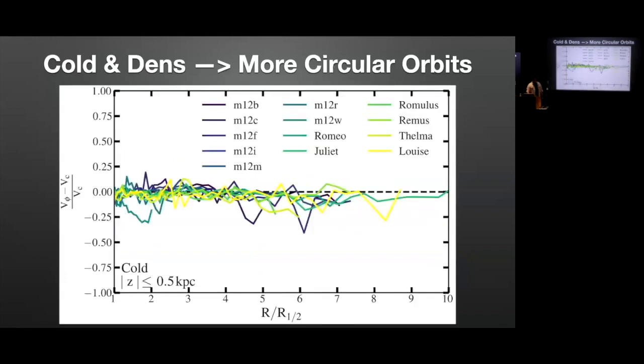So this is our residual plot that we saw now for the gas. This is the cold gas in particular. Again, for all of these galaxies, it's super choppy all the way out. And even with that, it still matches up pretty well, within at least 25%. You've got a couple of the weird ones still showing up here.